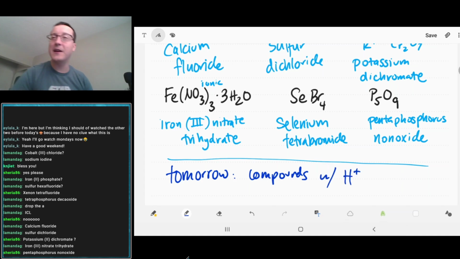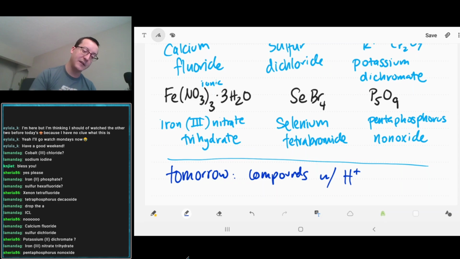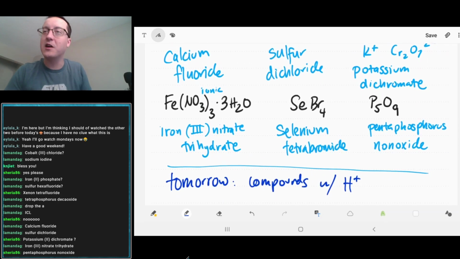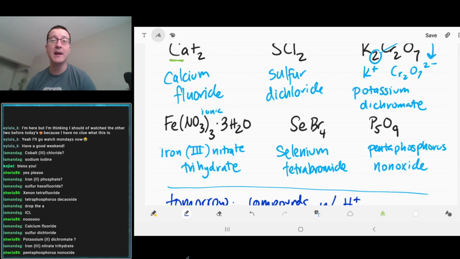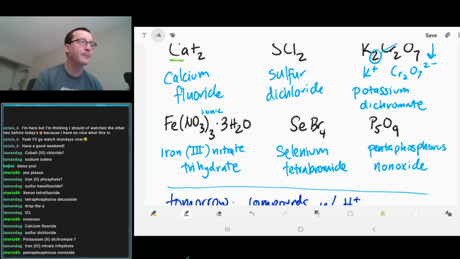We have avoided a particular ion so far: H+. That's the trickiest of all the ions. We're going to see it does different things in different situations, and we'll talk about that tomorrow. You'll see a couple that have that H+. For now, I would ignore those until we learn how to name them properly.